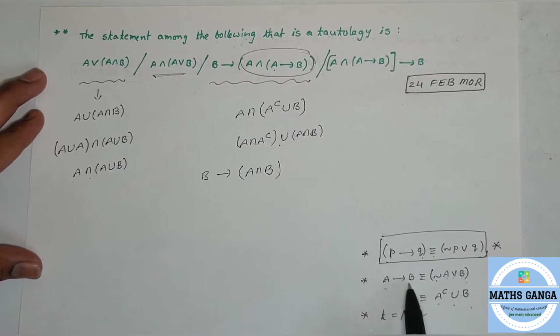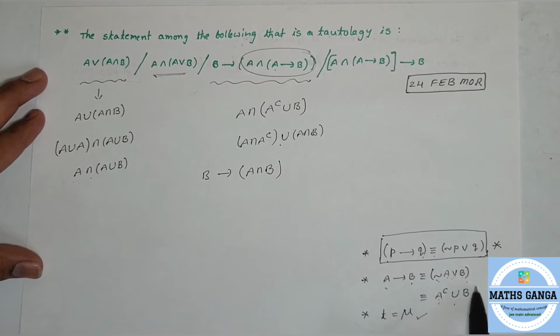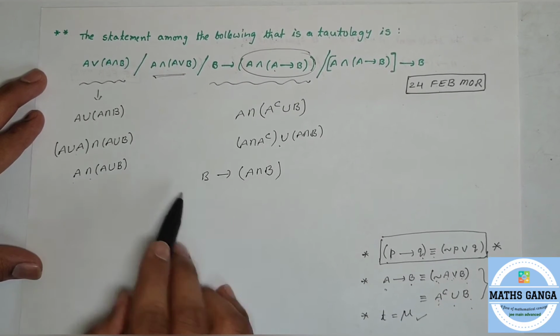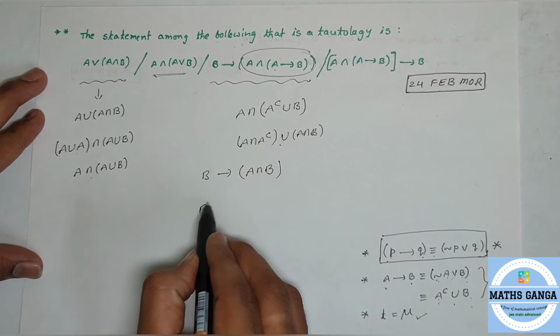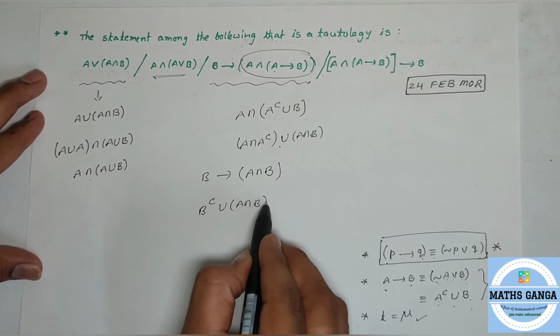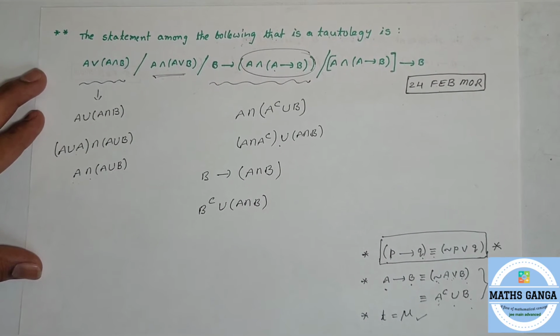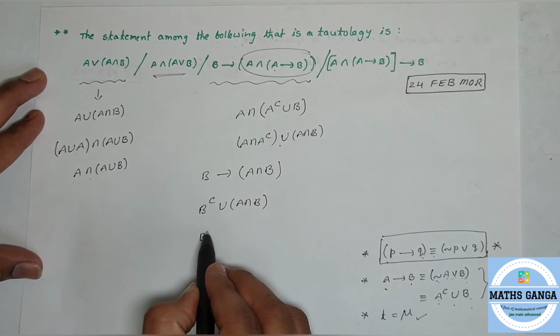With this particular law, negation of A or B, A complement union B, I can rewrite B implies (A intersection B) as B complement union (A intersection B). So now B complement union (A intersection B).